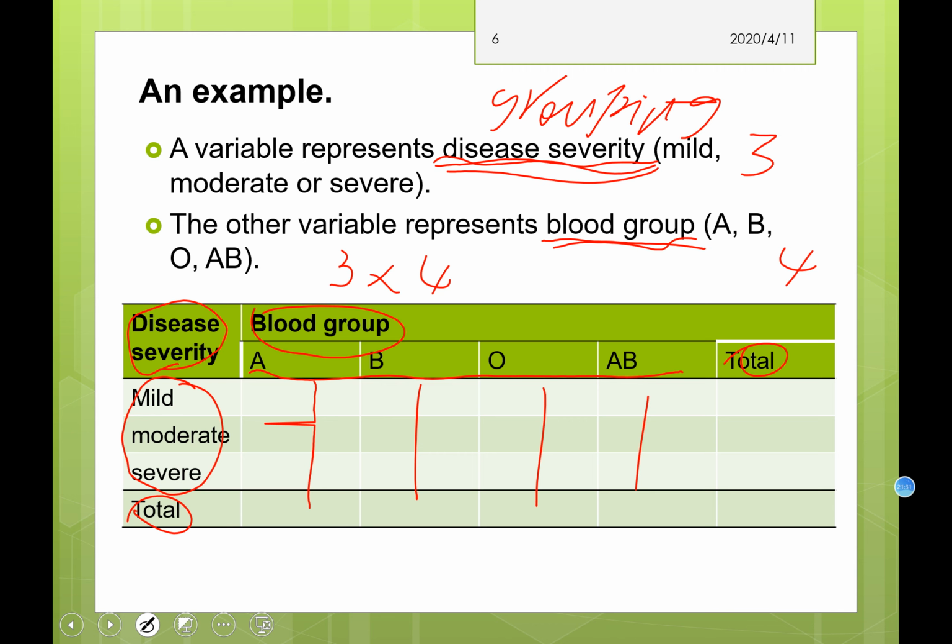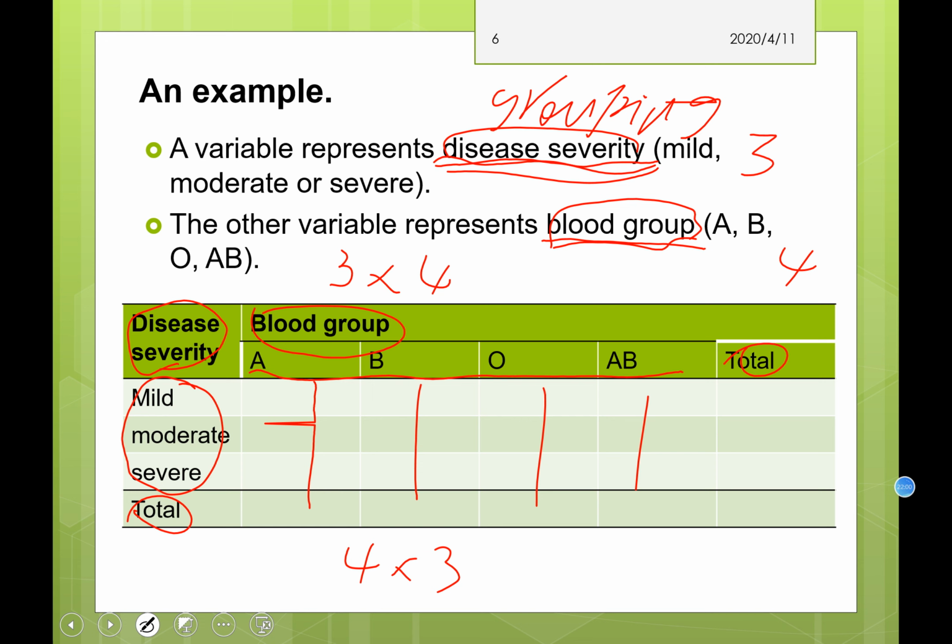That means you can use the blood group as the grouping variable, and the other one, disease severity, can be used as the column variable. So here it will change to a 4 times 3 contingency table. Right?